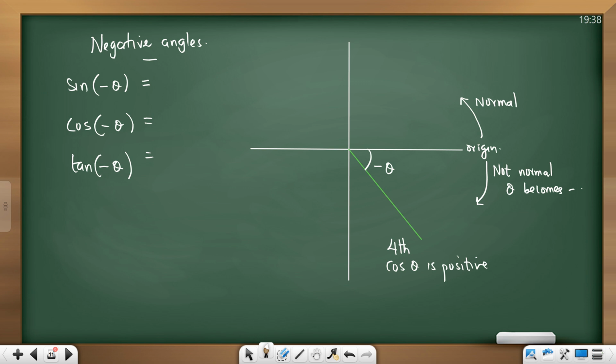Again, I'm going to use the same method that I was using earlier on to get everything right. So in the fourth quadrant, what am I saying? Sine will be negative, so this is negative sine theta. Cos is positive, and tan is negative because I am in the fourth quadrant. Only cos is positive.